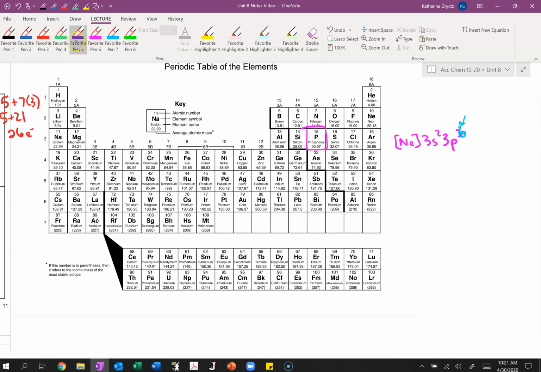However, PCl5 had 10, and we can't put any more electrons in that p orbital. But you do have to remember something that starts first in energy level number 3: there's also a 3d orbital here with no electrons in it. We usually don't start filling it until we get to these atoms.